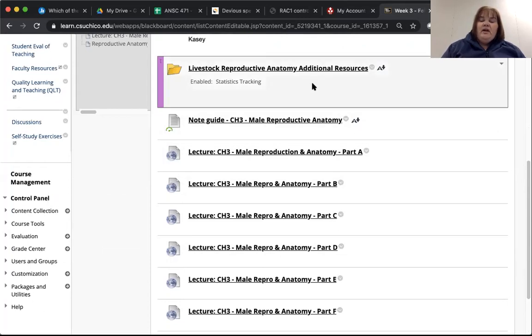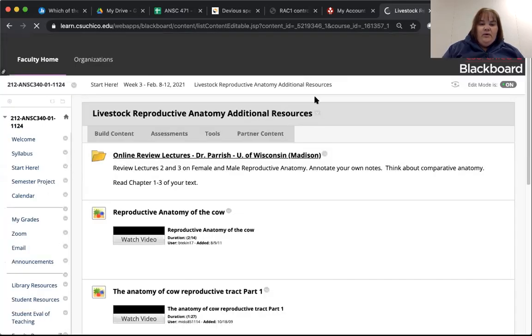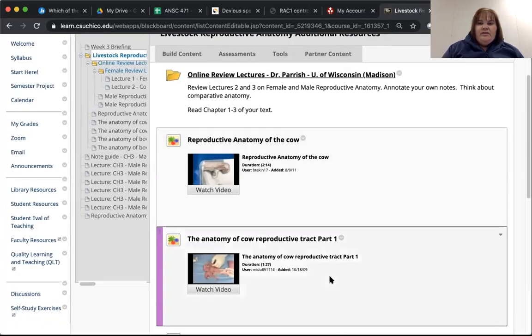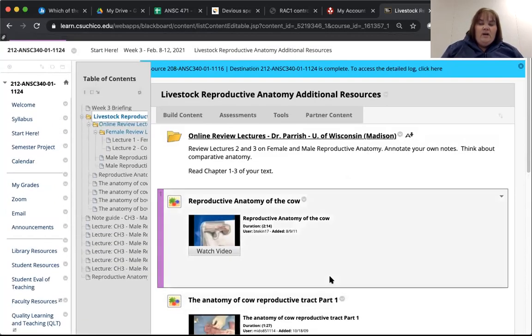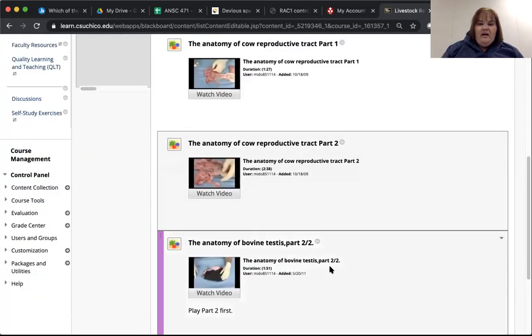So if you get through the material, you've read the book, and you still don't quite comprehend what is happening, there are a lot of really good other resources that we have brought in for this chapter. And so those resources can be found in this folder. There are some good videos to watch put together by Dr. Parrish from the University of Wisconsin at Madison.